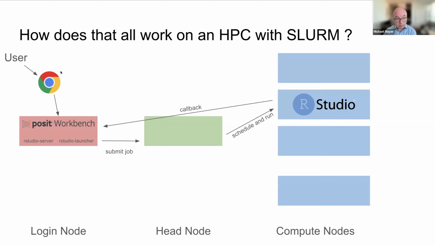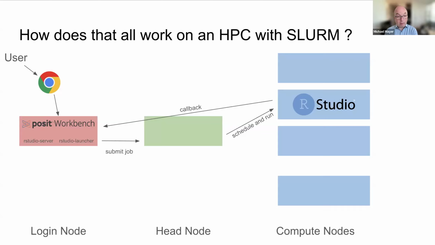The fact that you choose Google Chrome is in no way indicative of any preference, so whatever browser you have will be okay. You point to rnpharmamail.cx, which is this Workbench server. And on that Workbench server, two services are working: RStudio Server and RStudio Launcher, where Launcher is this launcher thing that I told you earlier about.